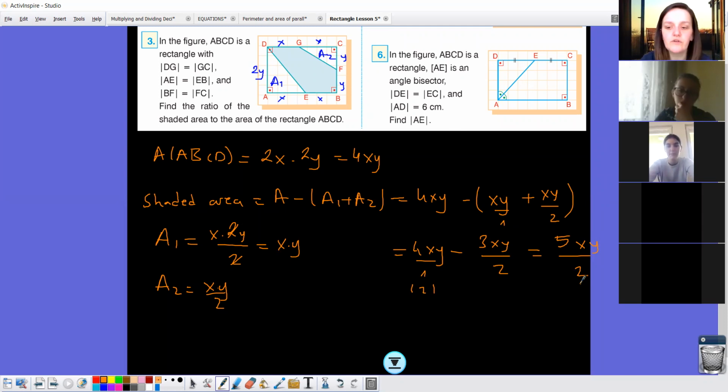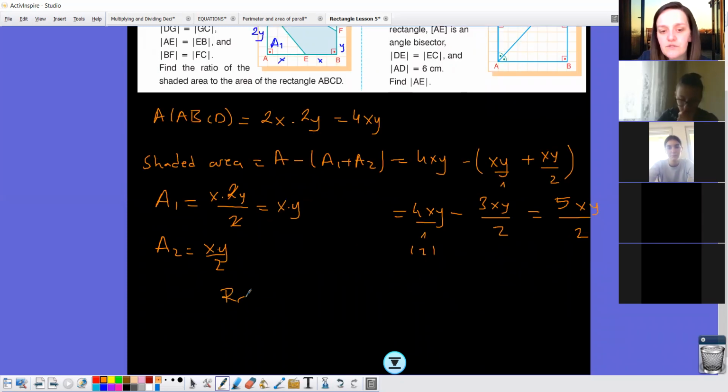We are looking for the ratio of the shaded area to the area of the rectangle. So the ratio will be 5xy over 2 over 4xy.